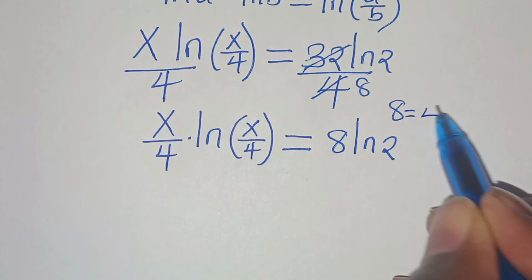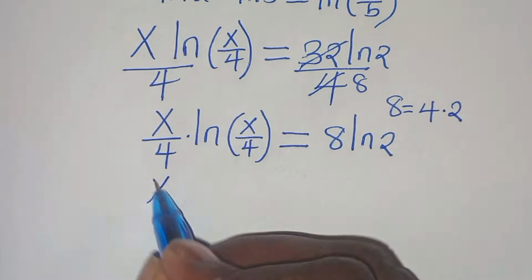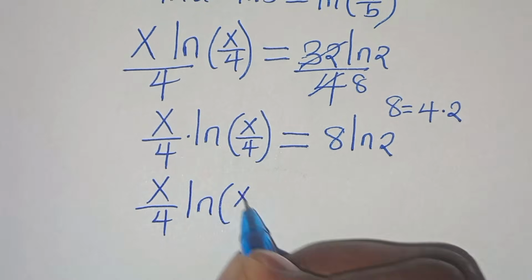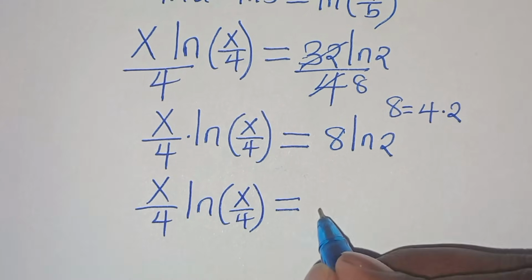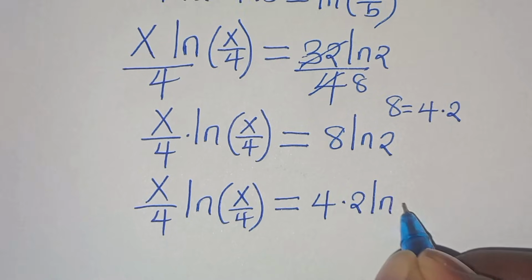We can express 8 as 4 multiplied by 2. So we have x over 4 multiplied by ln of x over 4 equal to 4 multiplied by 2, then multiplied by ln of 2.